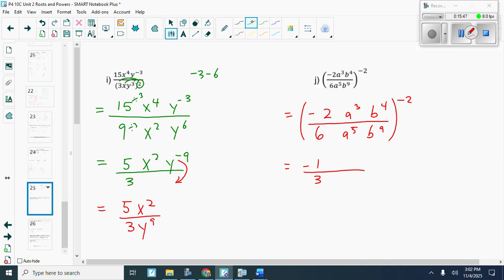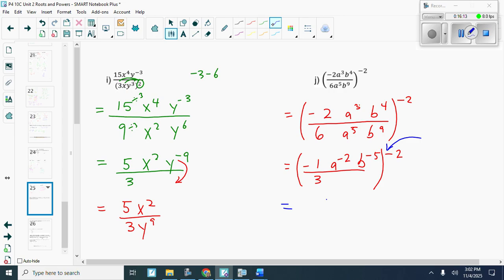We're going to subtract our exponents. So we have an a to the negative 2, since 3 subtract 5 is negative 2, and 4 subtract 9 gives me b to the negative 5. Now I'm going to take care of this negative by writing the reciprocal.